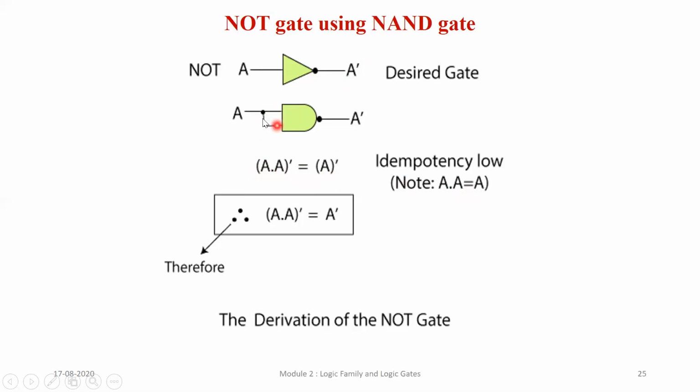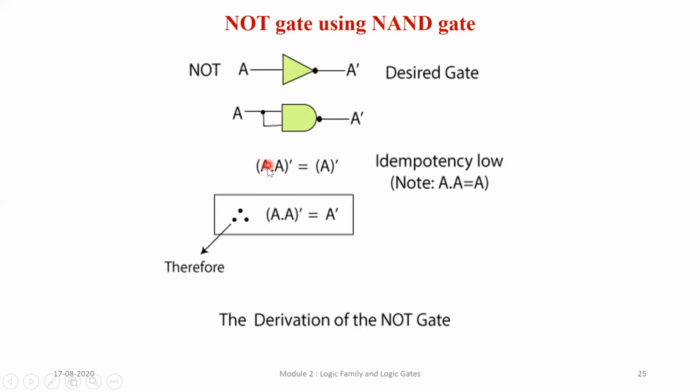I tie them together and give A. So on this terminal A is coming, and on this pin also A is coming. So A into A, and to perform the NAND gate, please remember to put this bubble over here. This is a junction that is shown.